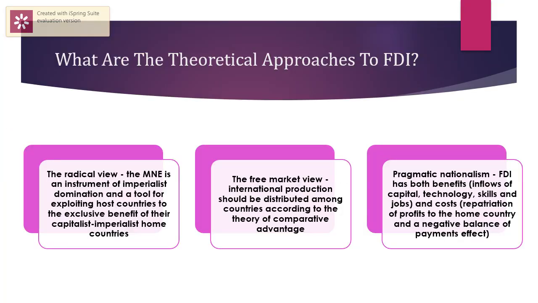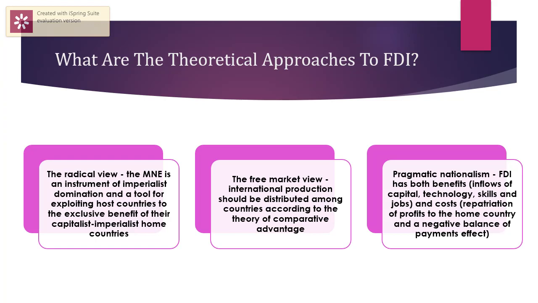The theoretical basis for foreign direct investment lies at two extremes. The first extreme is the radical view, and on the other extreme is the free market view, whereas in between them is the view of pragmatism.